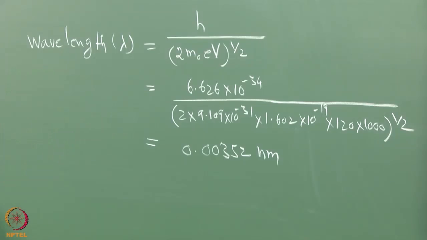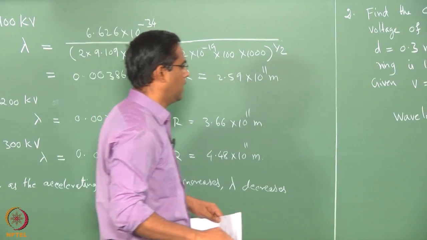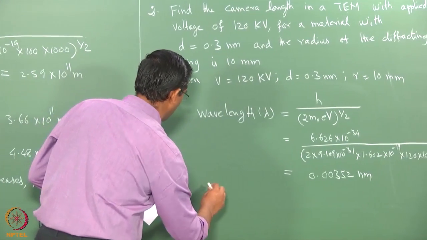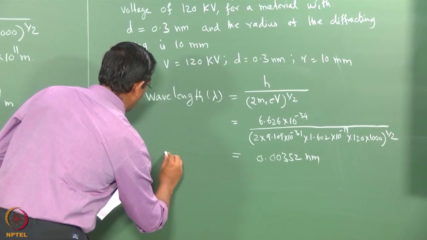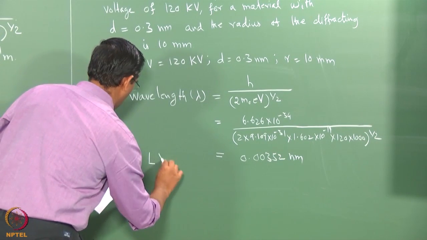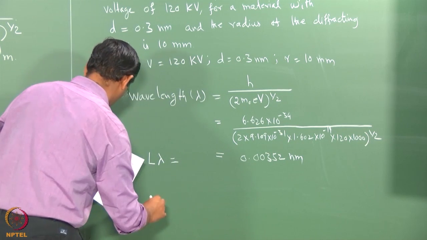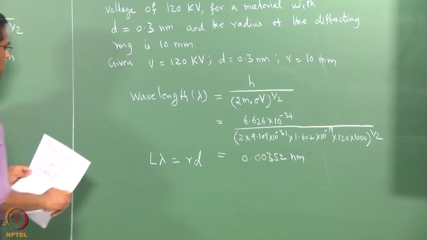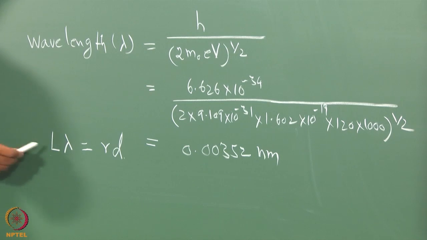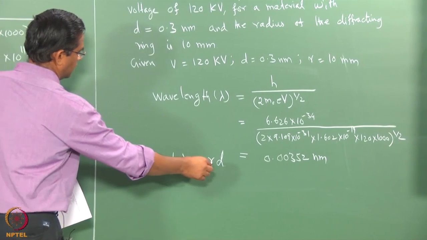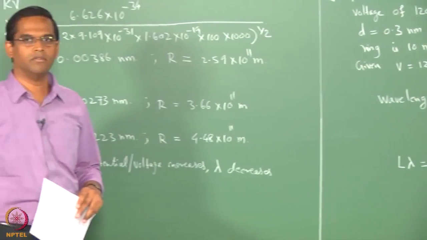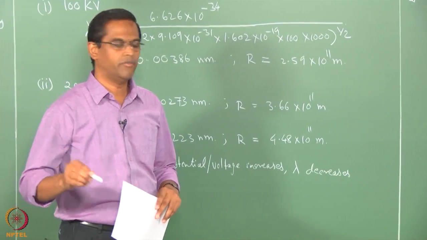First we find the wavelength lambda, similar to the previous problem. Then we know the relation L lambda is equal to R d, where L is the camera length, and R is the distance between the transmitted spot and the diffracted spot.